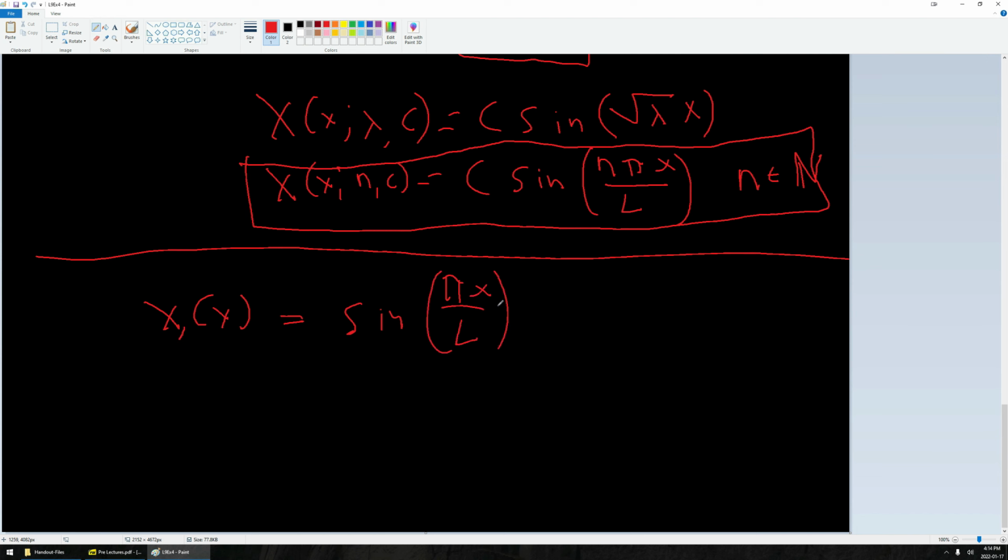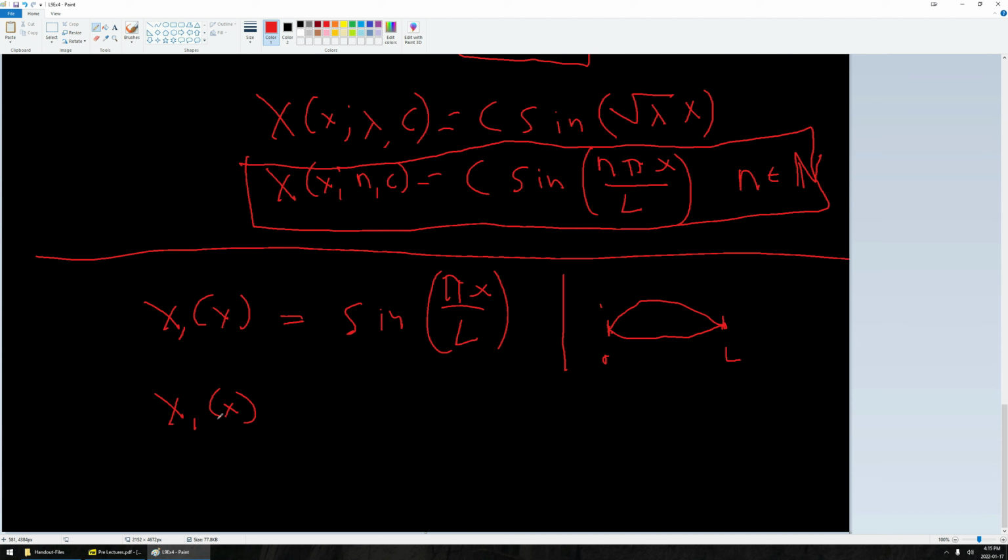And now what does this thing look like? If this is my 0 and this is my L, this is just a hump that starts at 0, goes up, and then goes down to here. So if I plug in different values of C, I'll get different curves that look like this, just sinusoidal curves.